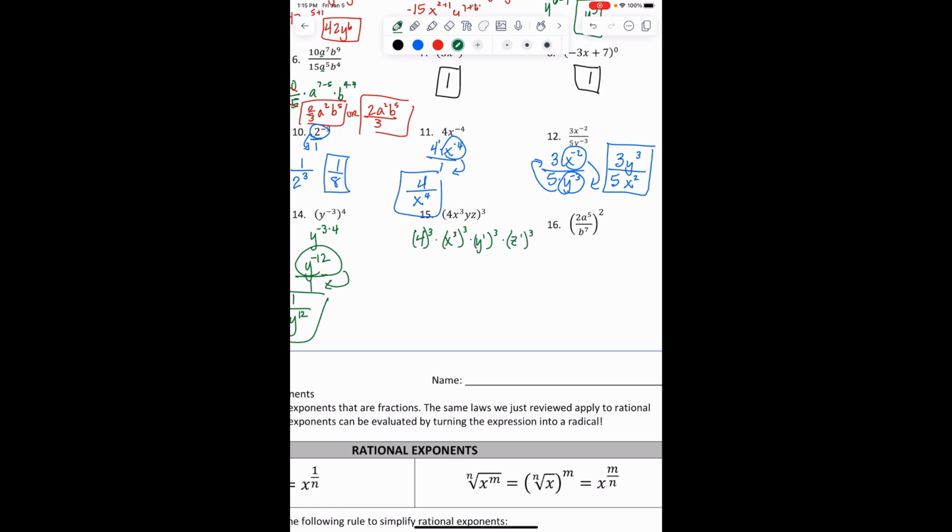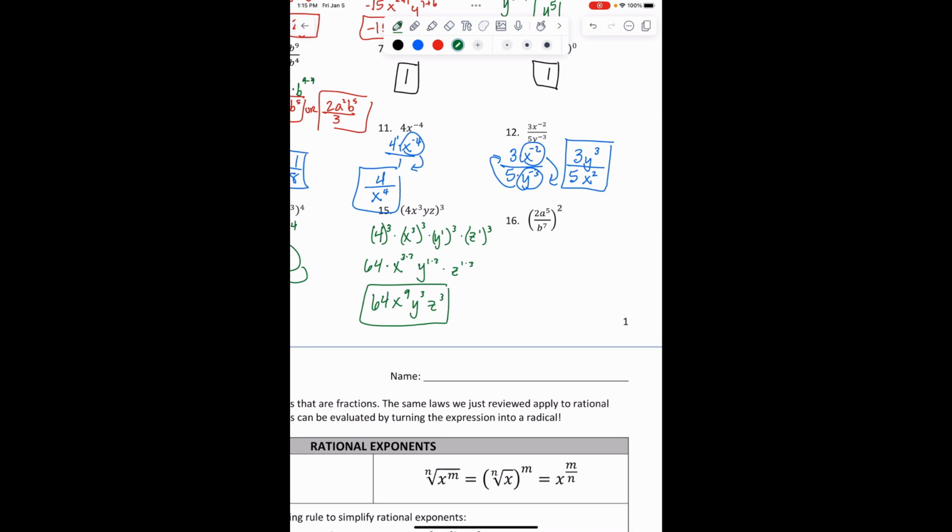Okay, so then we simplify. 4 to the 3rd is 64 times x cubed cubed. So power to a power, we multiply those. So 3 times 3, and then 1 times 3, and then 1 times 3. So we have 64. That would be x to the 9th, y to the 3rd, z to the third, right?